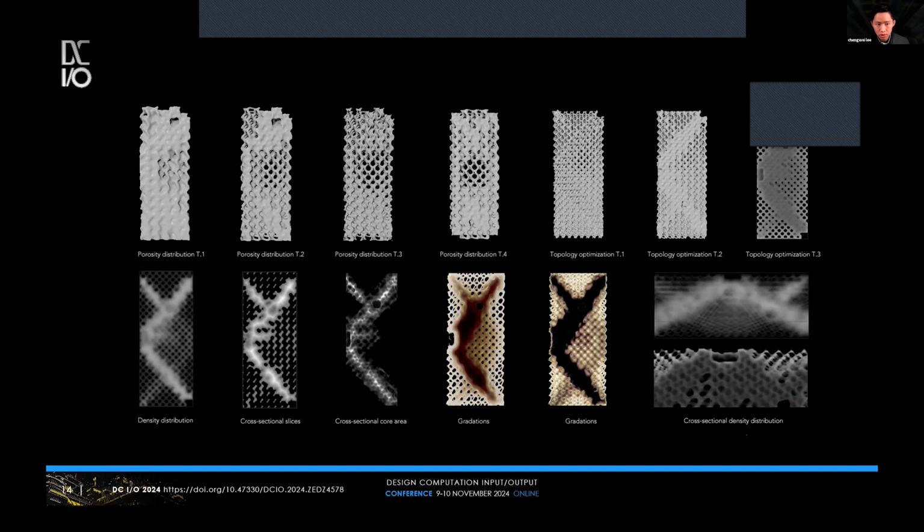Inside this block, the stress is applied on the top side, and the support is on the bottom. So the optimized area has grown into more of a Y shape, and then I tried cutting through the core area of that shape, and there is some density variation inside that shape.